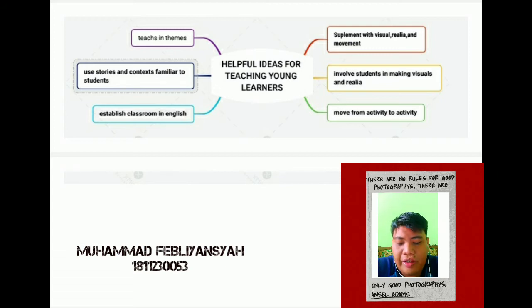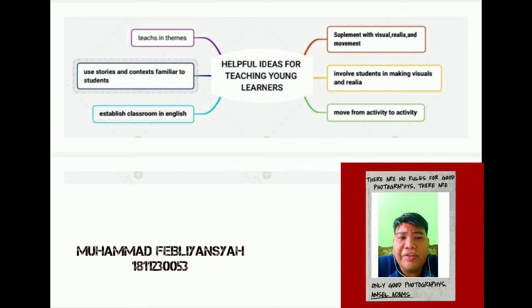The first helpful idea for teaching young learners is to supplement with visual, realia, and movement. Young learners have no long attention span, so as teachers, we can use visual, realia, and movement.